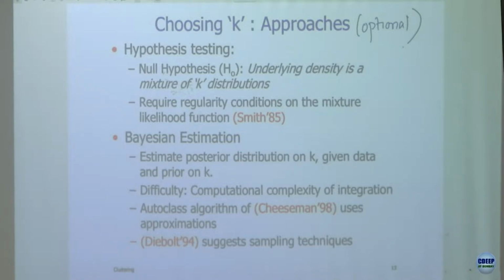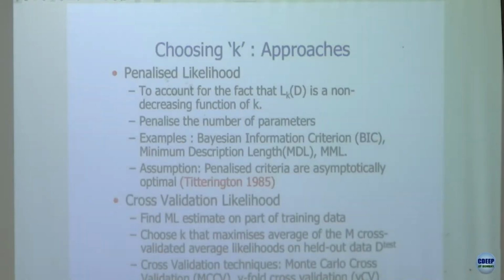Can you reject my hypothesis in a proper probabilistic setting? So you can do that. And the null hypothesis there is that the underlying density is a mixture of K distributions. Are you able to refute that hypothesis? As I said, this is really optional. And then Bayesian estimation has also been used. Whatever we have been doing, the Bayesian framework has also been used for choosing the value of K.